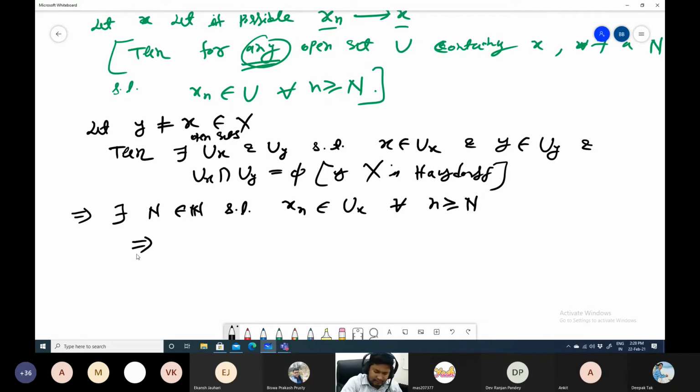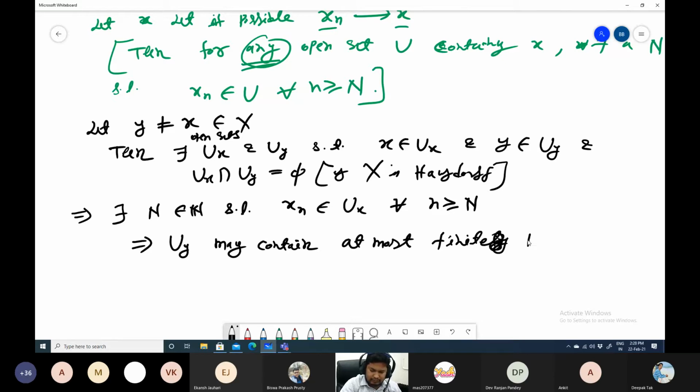Now that implies Uy, which is an open set containing Y, may contain at most finitely many members of the sequence.